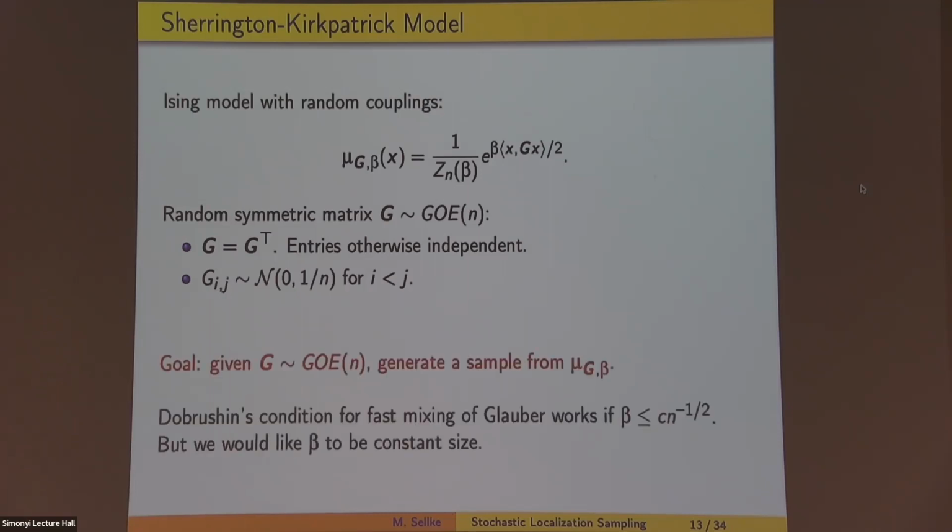Okay. So just to be clear, our goal is that I'm going to give you a GOE coupling matrix G, and I'd like you to generate a sample for me from the corresponding distribution. And I'll of course also give you the value of beta. We'd like beta to be of constant size. That's kind of the scaling that is usually interesting.